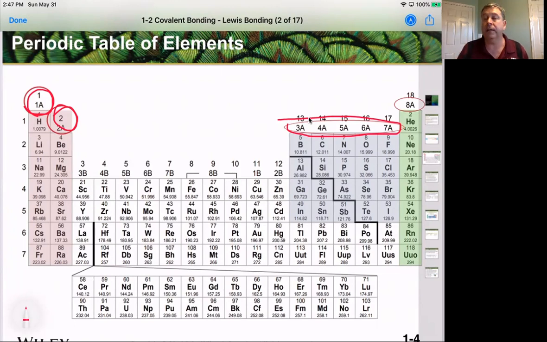We can quickly assign the fact that nitrogen, being in the 5A group, means it has 5 electrons in its outer shell, so we have to account for 5 electrons when we're bonding. Fluorine is in 7A, which means it has 7 valence electrons that we have to deal with. So you don't need to memorize anything, you just need access to a periodic table of elements.